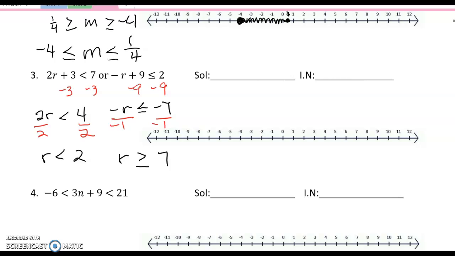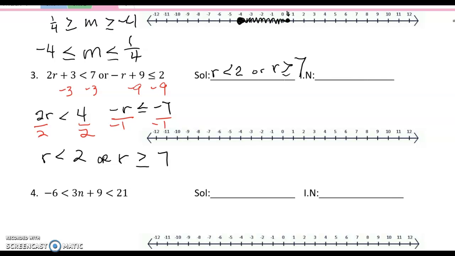And again, solving for the one on the right, because we had to divide by a negative to get r by itself, we also had to flip that inequality. So we get r is greater than or equal to 7. Let's put the or in the middle, and there's our inequality answer.